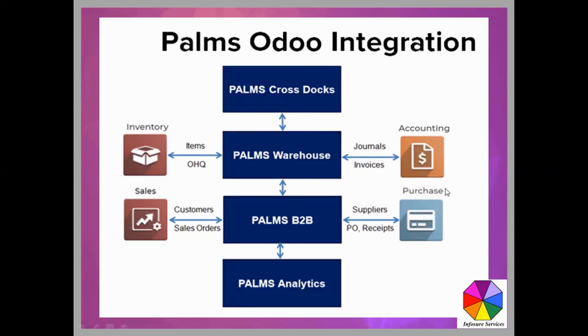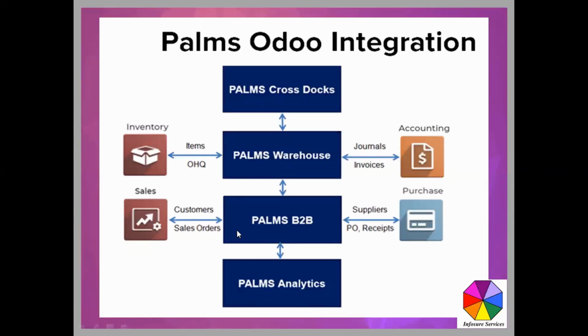And this is an open source ERP called Odoo, Open ERP. So Palms is their product, and Odoo is the ERP product. So Palms warehouse will interface with inventory, accounting journals, and sales customers from the ERP interface with the Palms B2B.